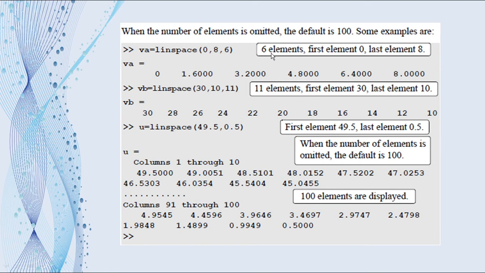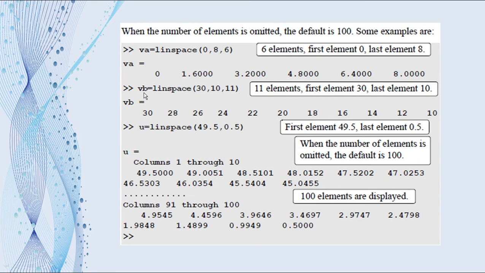You need to have 6 elements, the first is 0 and the last is 8, so between them you should have 4 elements. MATLAB calculates the elements with correct equal spacing, so you have 0, 1.6, 3.2, 4.8, 6.4, and then 8.